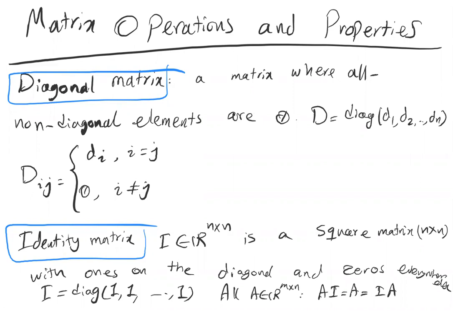Something that we should note here, A is n by n. When we say A multiplied by I is equal to I multiplied by A, the dimension of I is determined based on where it's located. In this case, I is n by n.